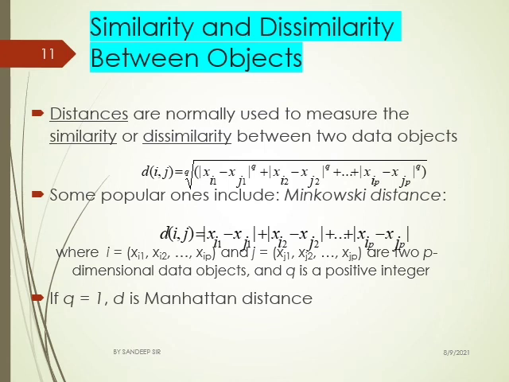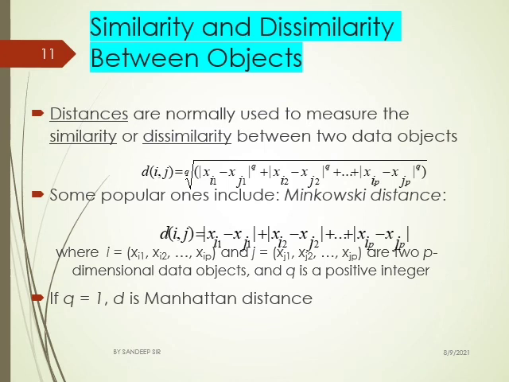You can see the formula: xi1 minus xj1, one to one data, then xi2 minus xj2, second point to second point, and correspondingly we continue. We take the root of this to find the distance.